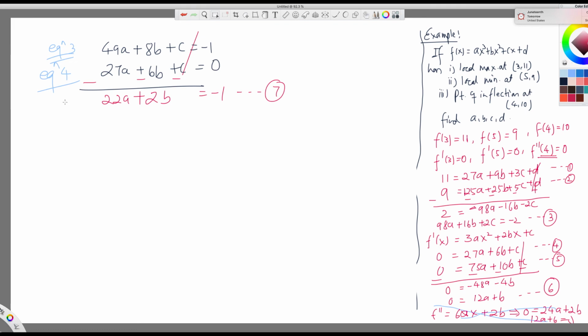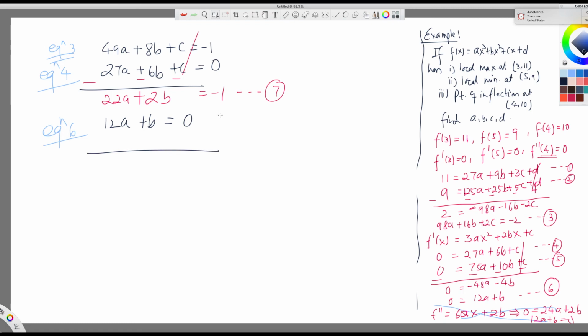So what is equation 6? Let me write down equation 6. Equation 6 is 12a plus b equals 0. How do you solve these two?